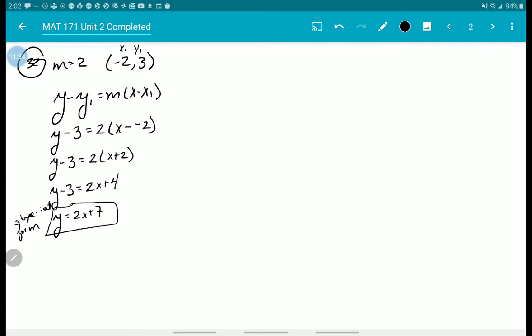Now let's say we want that general form, just for fun. General form gets x and y on the same side, and we are going to eliminate fractions if we have any. So to get x and y on the same side, we need to move that x to the other side. And we can do that by subtracting 2x. So we have the x and the y on the same side. That's 7. That number is by itself on the other side. So there's our general form.